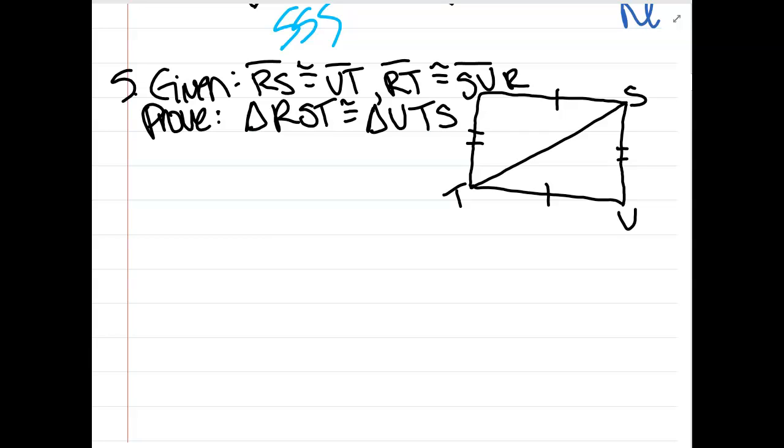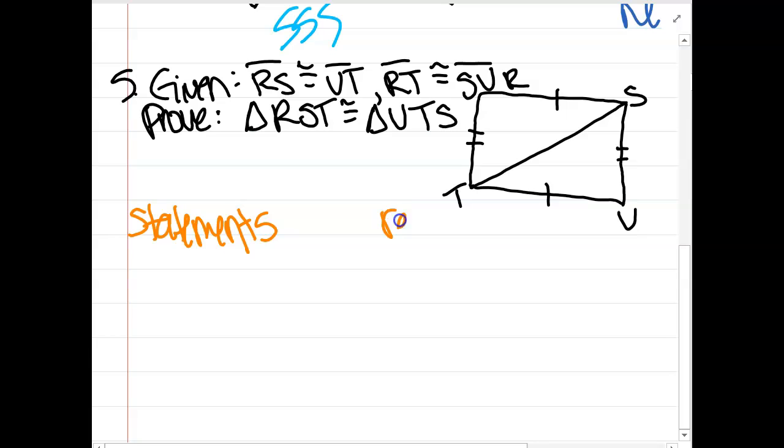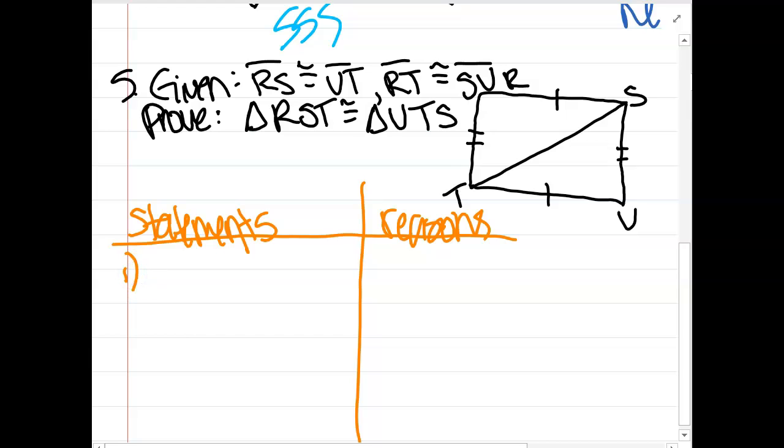The third side, right? Yeah, this is the third side, right here. Okay, so this is going to be that reflexive property of congruence. So let's jot down this proof. So we've got our statements, our reasons. Our first statement, as always, side RS is congruent to side UT.